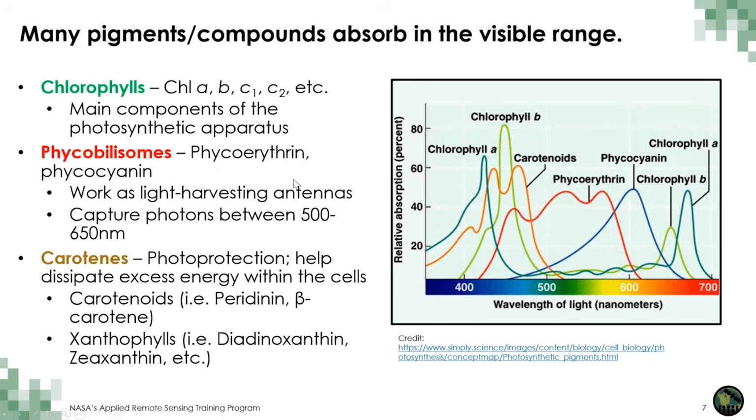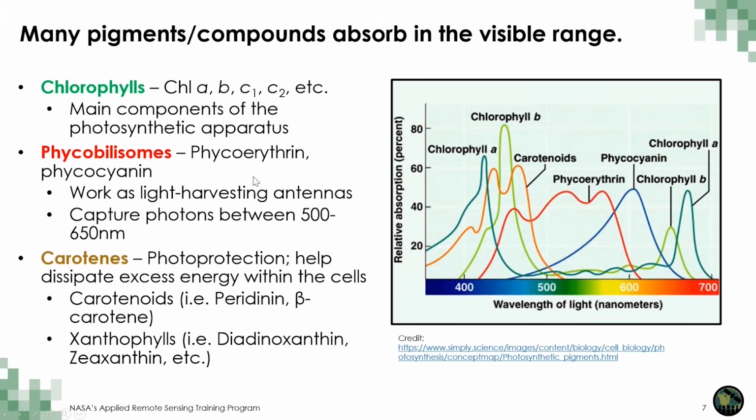This is why we see red algae as red, because it reflects the red. And then phycocyanin is a pigment that is characteristic of cyanobacteria, and as you see here in the graph, it absorbs mostly in the green to red part of the spectrum.